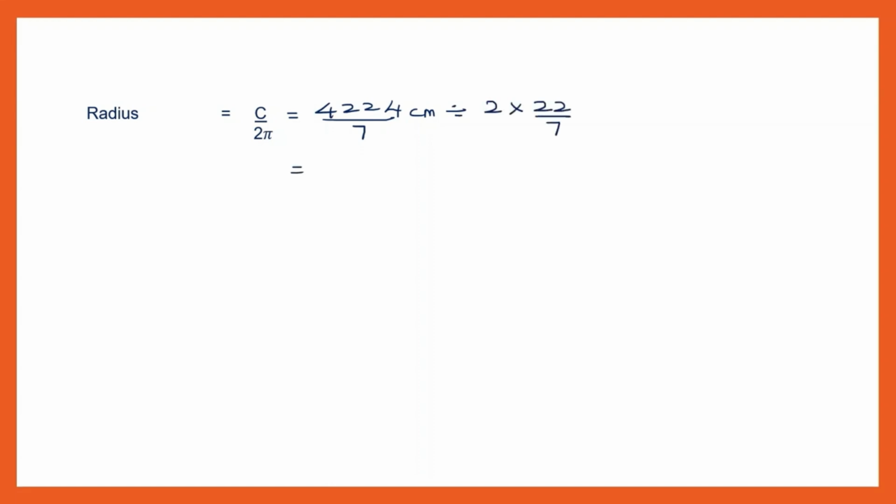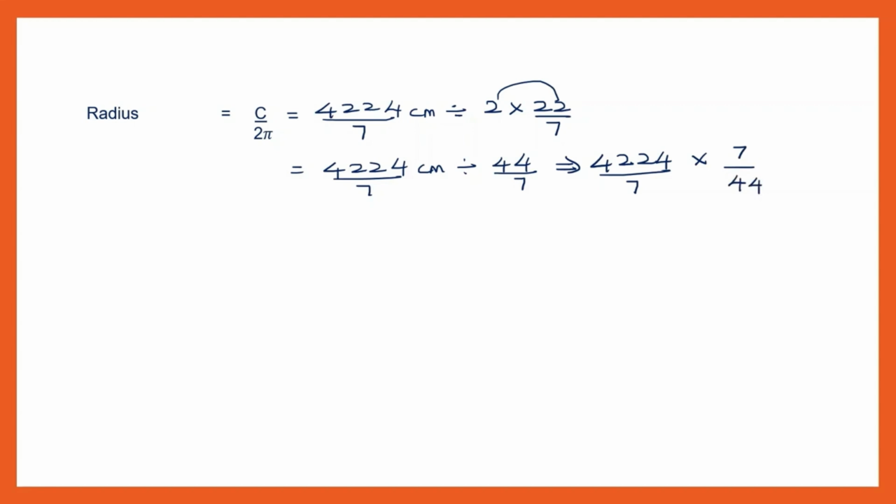So this will be 4224 by 7 centimeters divided by 2 into 22, which is 44, 44 by 7. Division changes to multiplication and we write the reciprocal of 44 by 7, so that becomes 7 by 44.